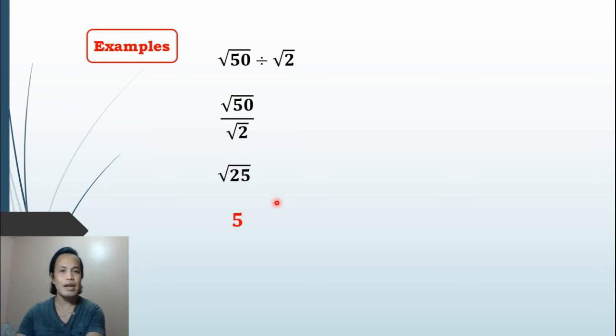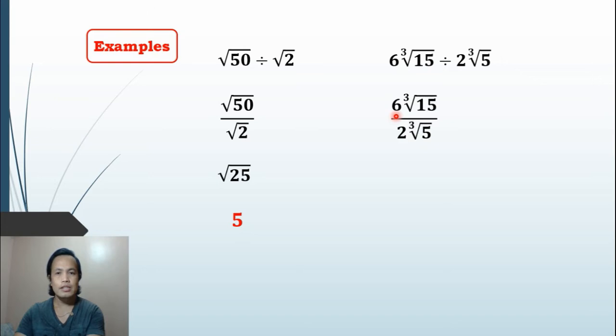Okay, another example. If we are given 6 cube root of 15 divided by 2 cube root of 5. This time, the index is the same. We have here 3 and 3 since they are both cube roots. So we can express this in fractional form as 6 cube root of 15 over 2 cube root of 5.